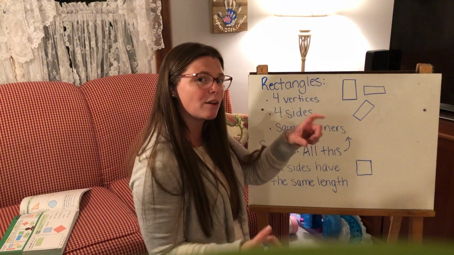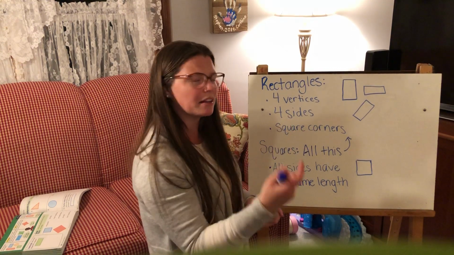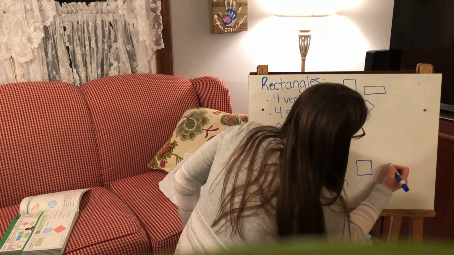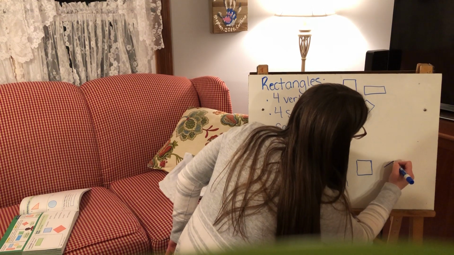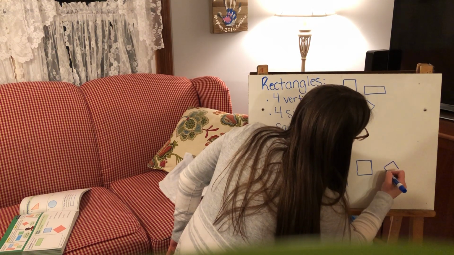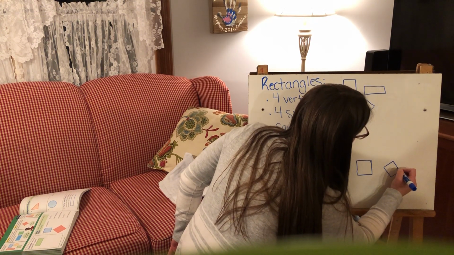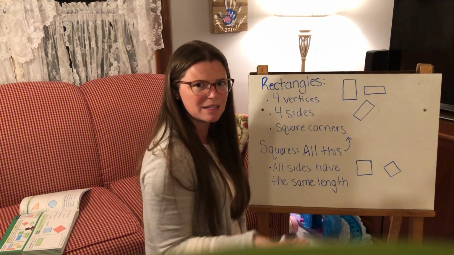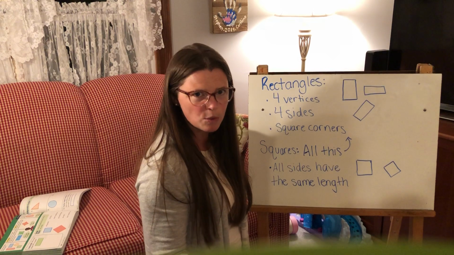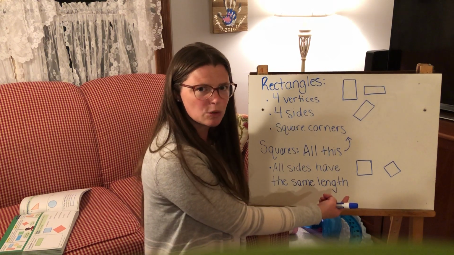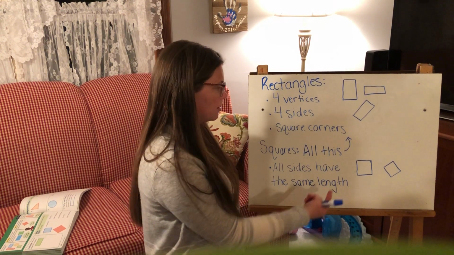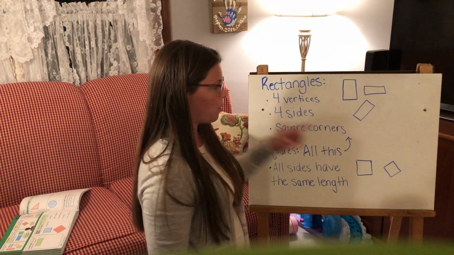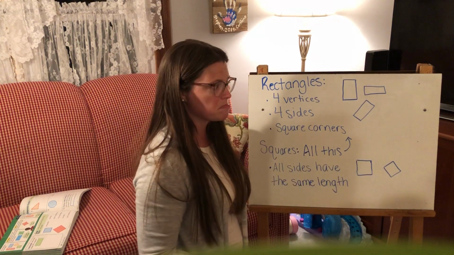But once again, what if I tilt it a little bit? I'm going to do the very best that I can to draw this. So what about that one? Well, it's not straight up and down the way that I'm used to seeing squares. Is that still a square? Well, does it have 4 vertices?